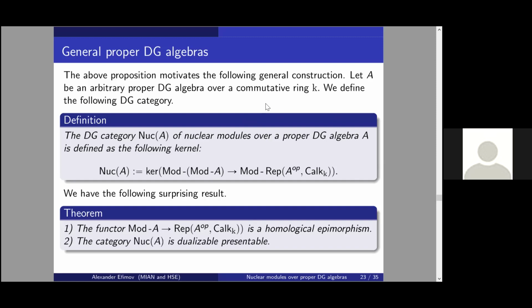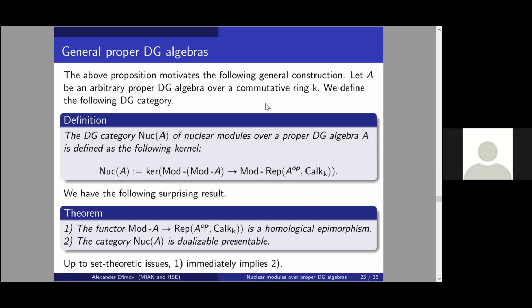And the second statement, which is again up to set theory an immediate corollary of the first, is that this general category of nuclear modules is dualizable presentable. There's some notational problem here. I should probably use some different notation, like nuclear tilde, to stress that I'm considering unbounded categories.